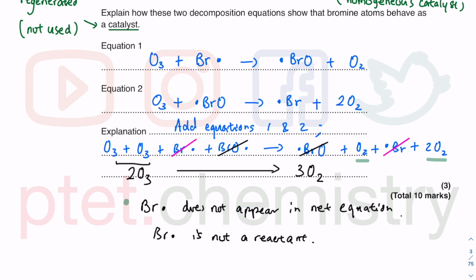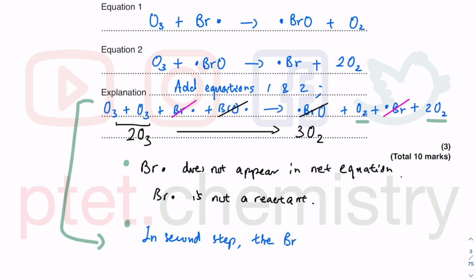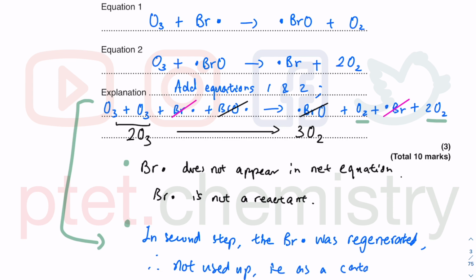You reform the Br dot in the second equation. That is essentially what they are looking for in the correct explanation. You will get away with that. So in the second step, in your explanation, the Br dot was regenerated. Therefore, it's not used up, i.e. as a catalyst, it is not used up at all.